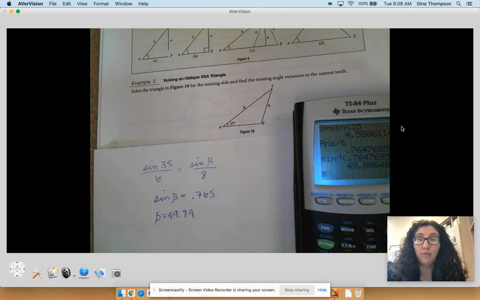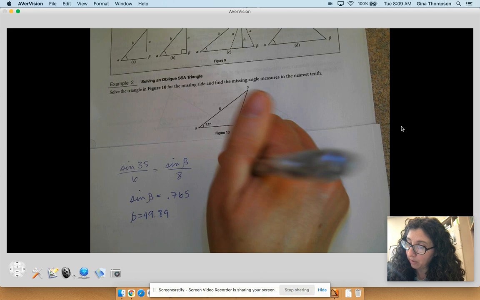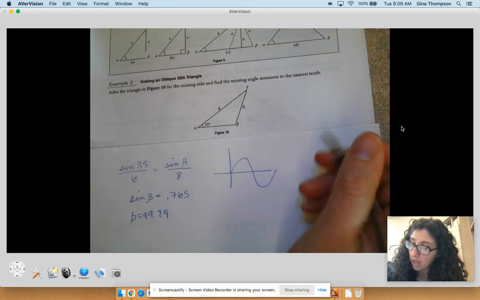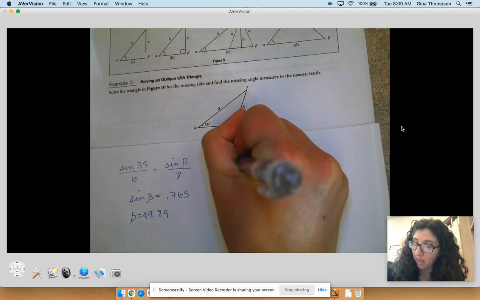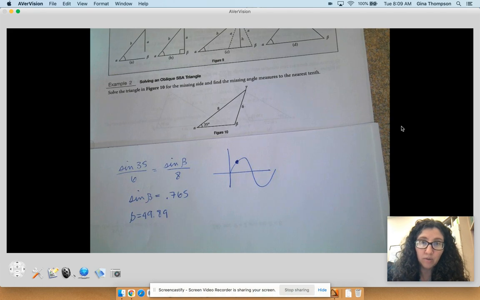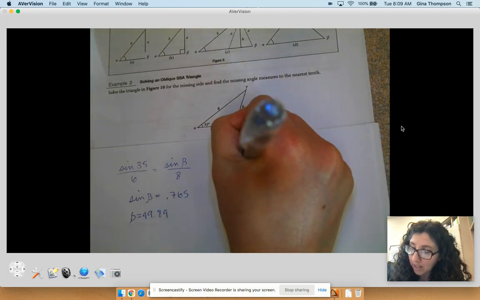All right. You guys have done something like this before when we were solving trig equations. Is there another possible value for beta? Remember, here's our sine graph. This gives us that answer for inverse sine. We still need to find this answer.